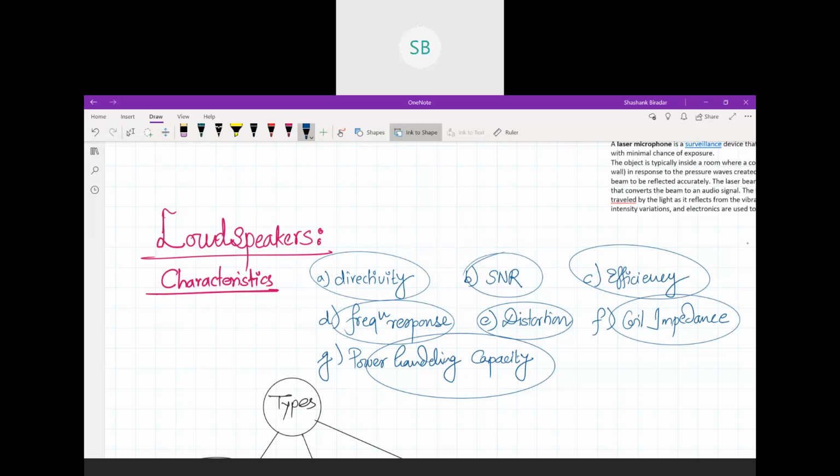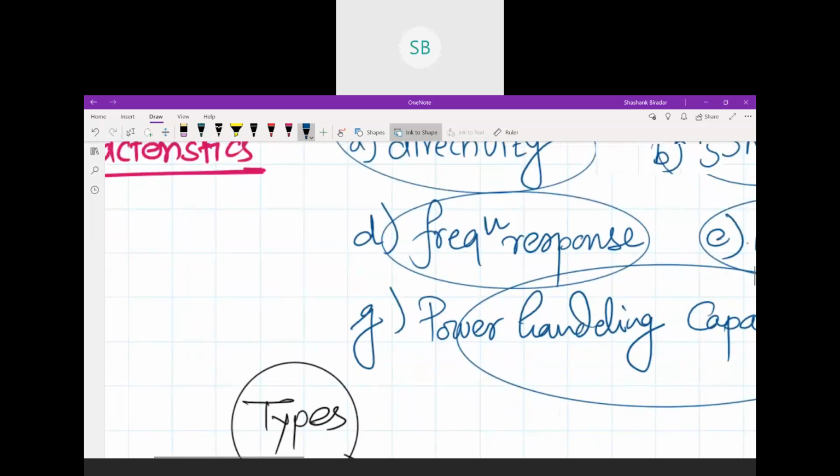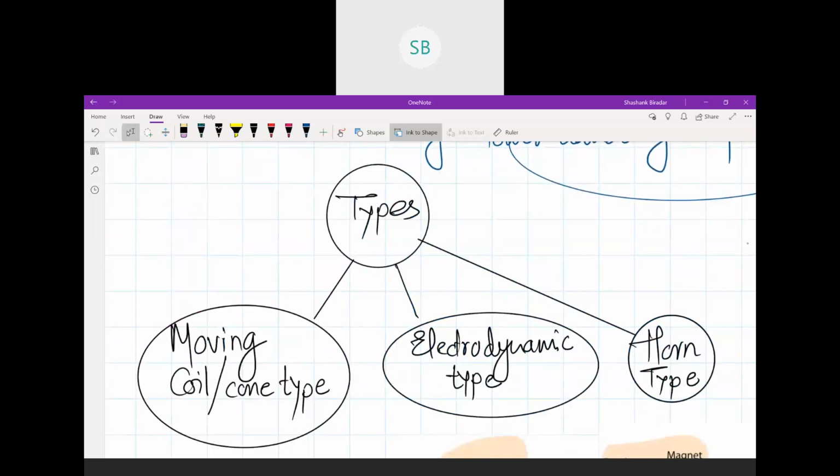Now coming to the types of loudspeaker, they are basically classified into three main categories. The first one is moving coil or cone type. The second one is electrodynamic type, and the third one is horn type.